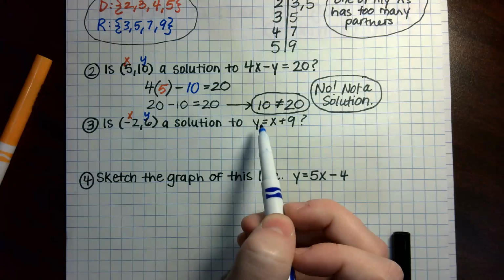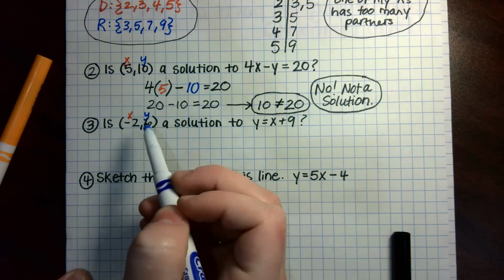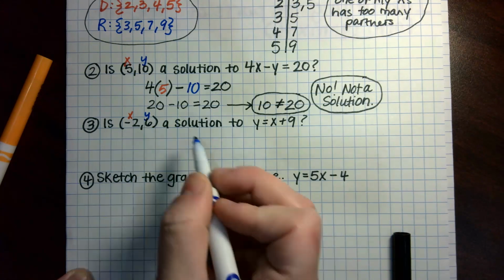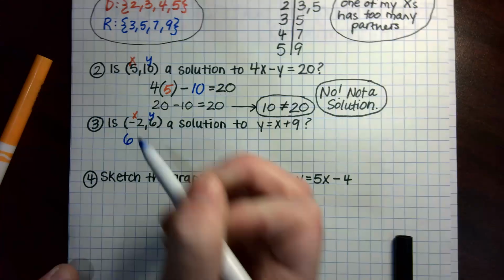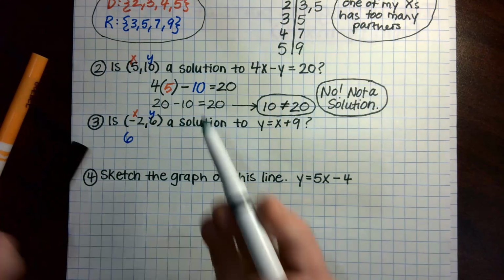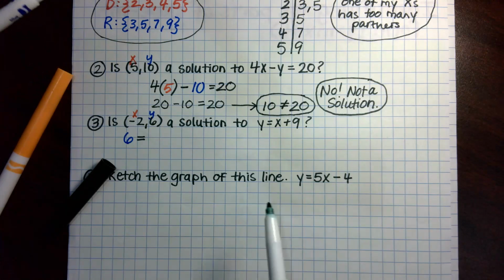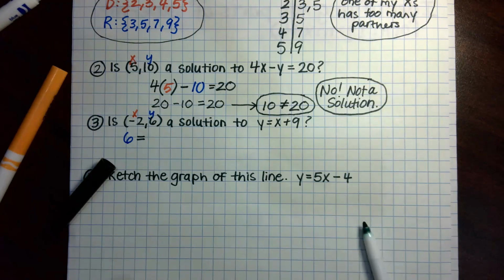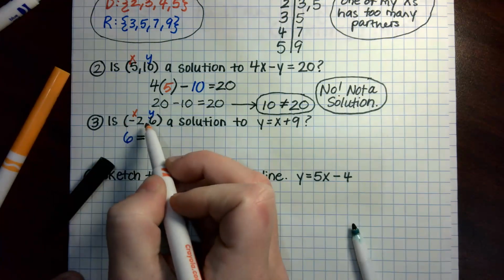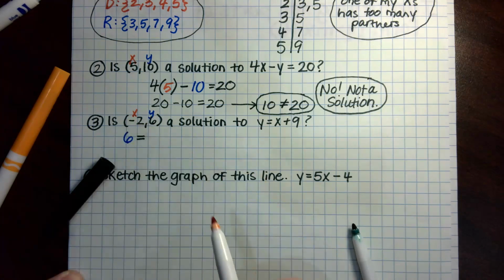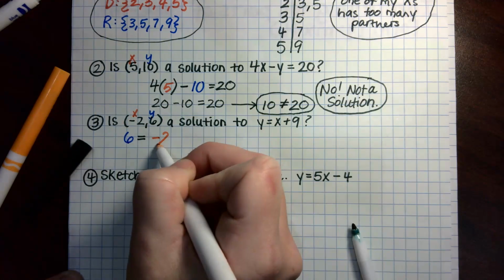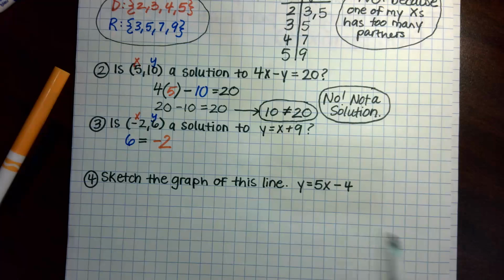We have a y by itself here, so I'm going to go ahead and write 6 because I know that's my y. I've got 6 equals, and then x plus 9. What's x? -2. We're taking it straight from that coordinate. So -2 plus 9.